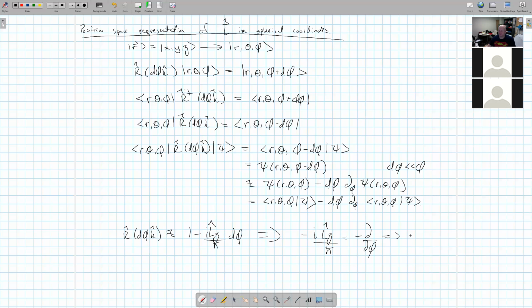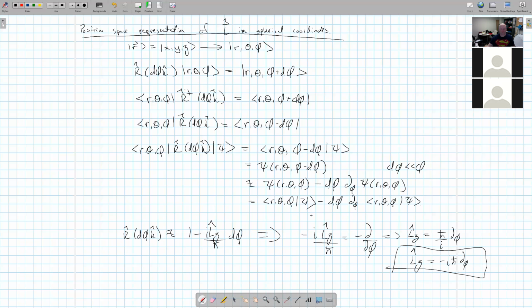So what this tells me then is that Lz is equal to what? This is going to be equal to h bar divided by i times the partial derivative with respect to phi, or equal to minus i h bar partial derivative with respect to phi. So by looking at this, in spherical coordinates, the position space representation of the z component of the angular momentum is equal to negative i h bar times the derivative with respect to that angle.